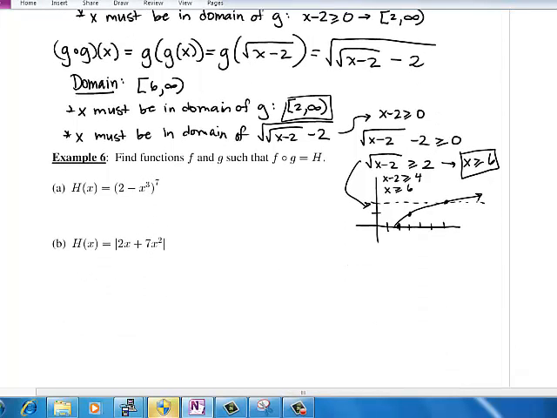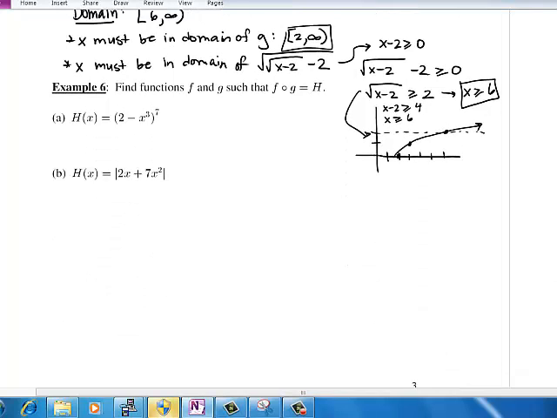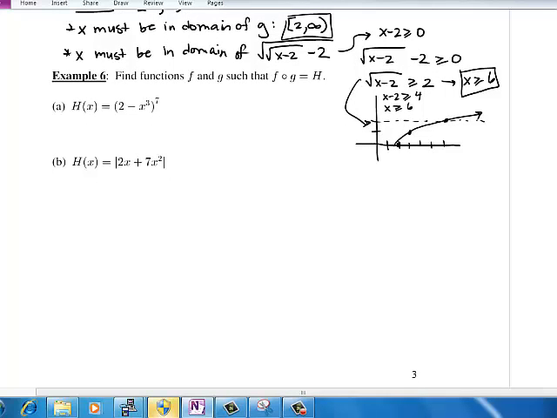In example 6, we're going to kind of reverse what we've been doing so far, and instead of taking two functions and composing them, we're going to be looking for a way to compose two functions to create the given function. And what you want to think about is order of operations in problems like this.